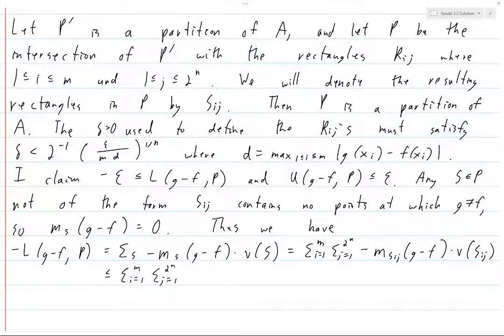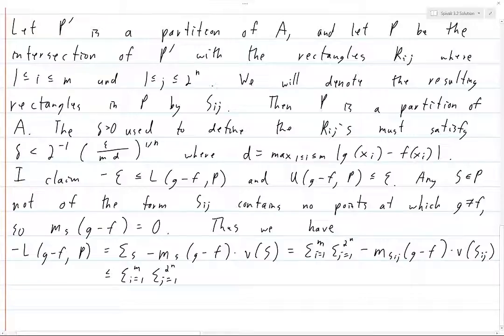However, if G is not equal to F, then it must be some negative value. If G minus F is positive, then this value is still going to be 0. However, it could be negative, in which case we subtract it so we get a positive value.